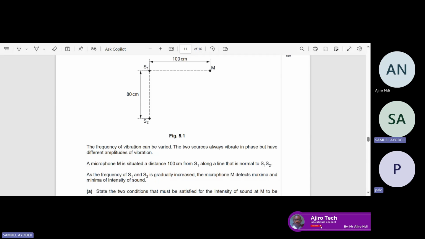So when the path difference is, hmm, the condition that must be met, I think the waves are supposed to be out of phase. If it's out of phase, we can calculate the path difference.